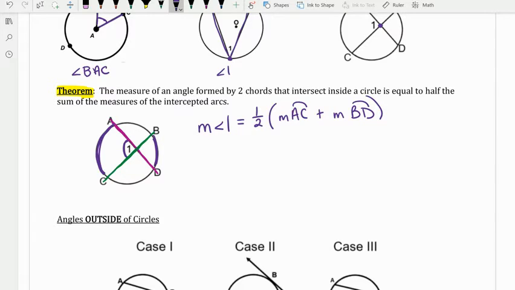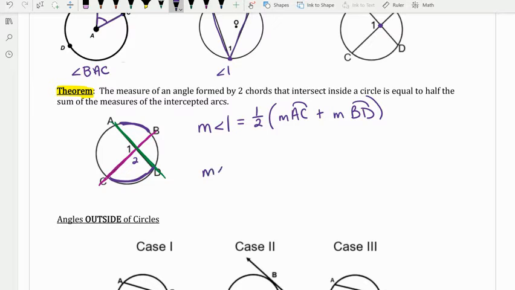Now, let me show you another way. If I look at this angle, let's call it angle 2, I'm still using the same chords, but now I'm looking at them from the other side, CB and AD going this way. Now I look at these two intercepted arcs.